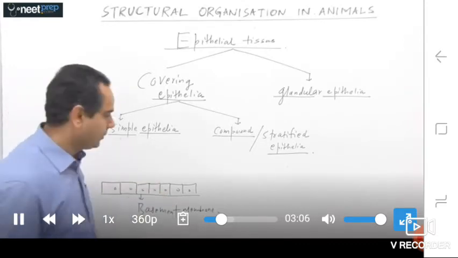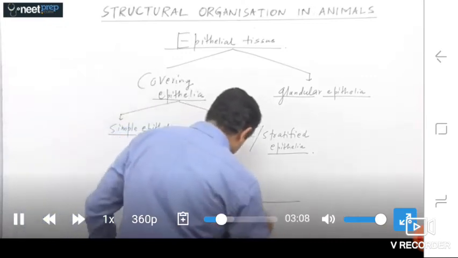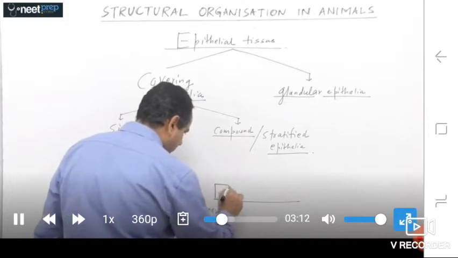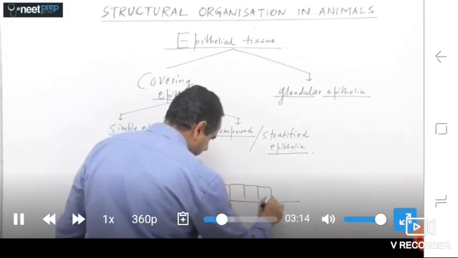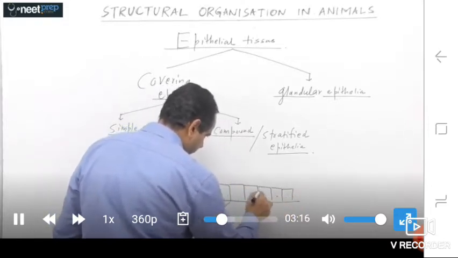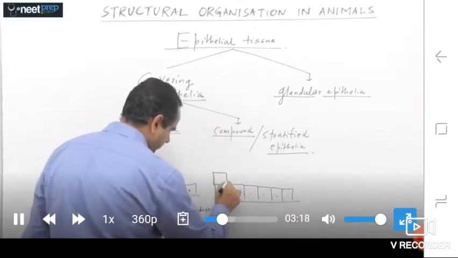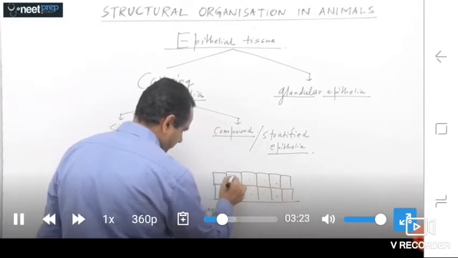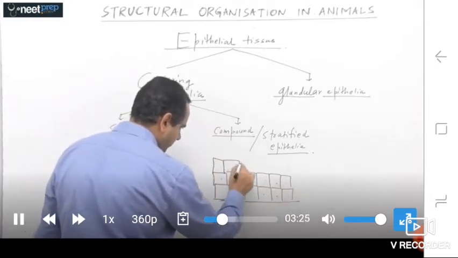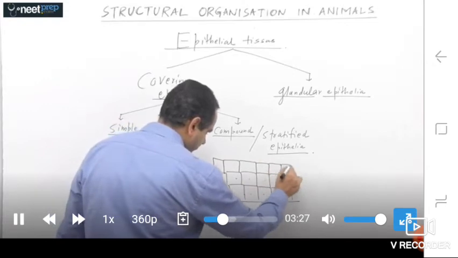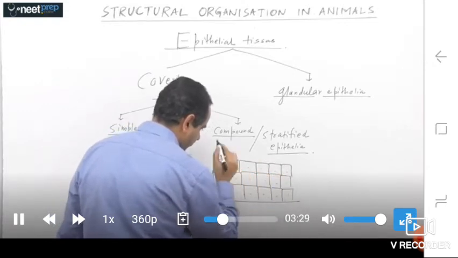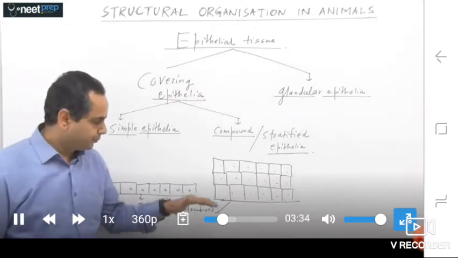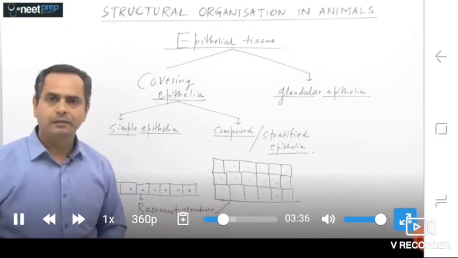And similarly, if we talk about compound epithelia, the basement membrane is common in both, but it contains more than one layer of cells present above the basement membrane.